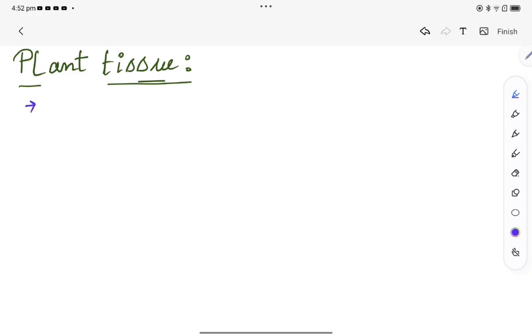We are going to learn about the different plant tissues based on stages of development, but I will also tell you the different types of plant tissue based on origin.